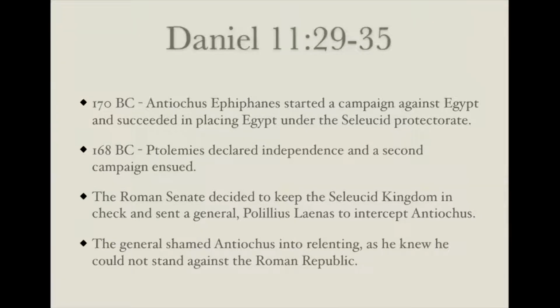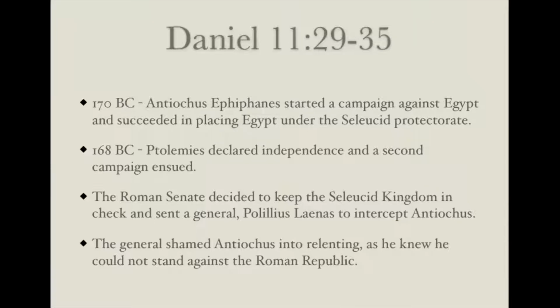So the general drew a circle in the sand around Antiochus and said, "You have all the time you want, but I will need an answer from you before you step out of the circle." So you have a general standing up against the king. And again, Antiochus, knowing that he would not be able to stand against the Roman Republic, relented.